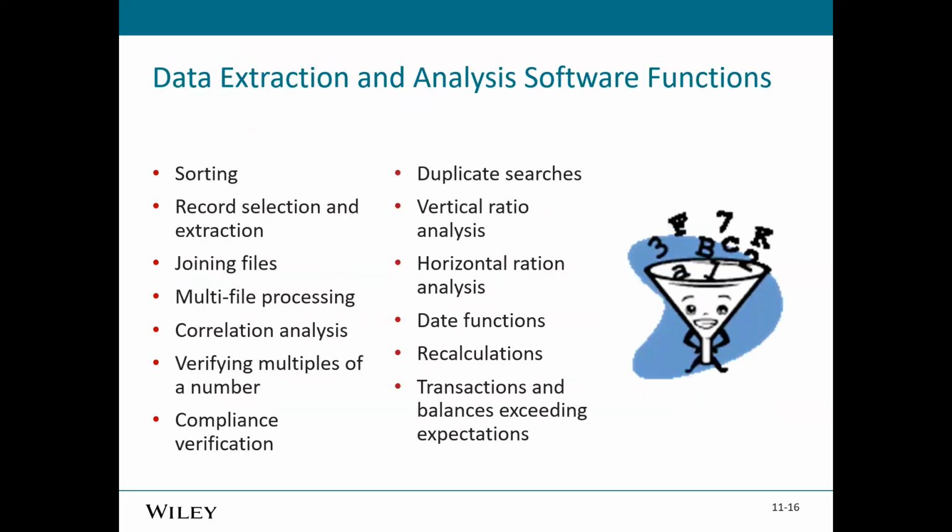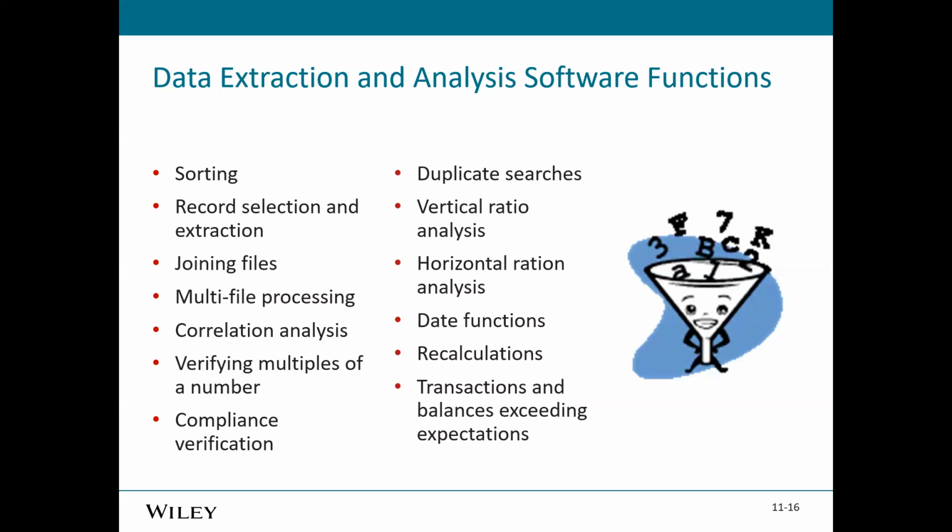So ETL is extract, transform, load. And that's the process of getting the data from its original source, transforming the data into a usable format, and then loading it into our software to be analyzed. So this analysis can include a number of different things, including what we see here. Sorting would help us to identify if maybe we have some pre-numbered documents and there's something out of order. Joining files.